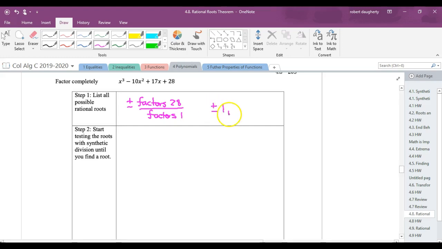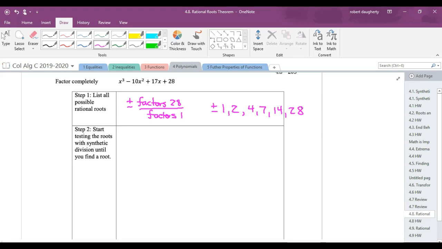That's 1 times 28, 2 times 14, and 4 times 7. So that's my list, okay? Those are all the factors of 28.